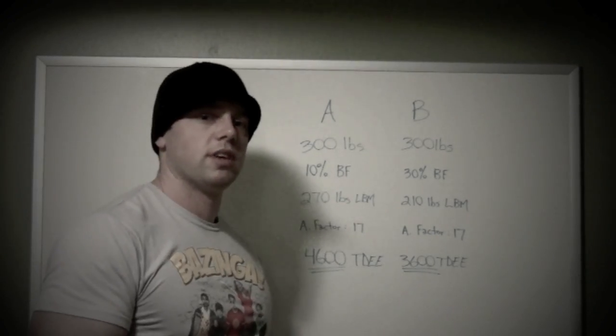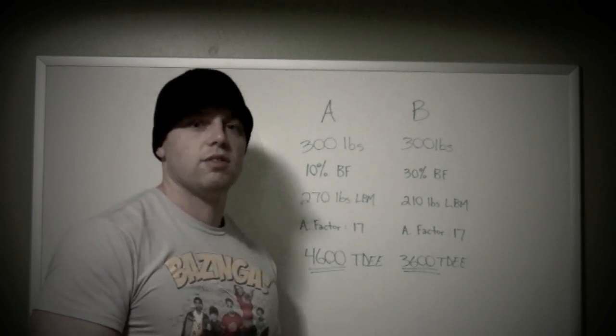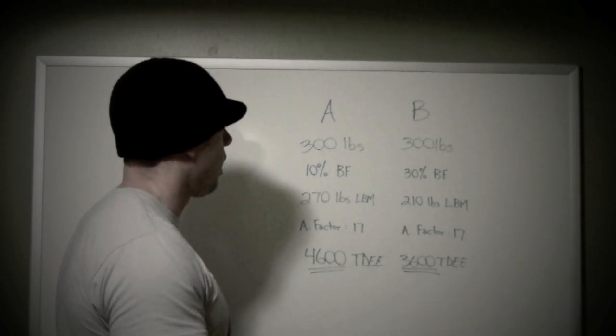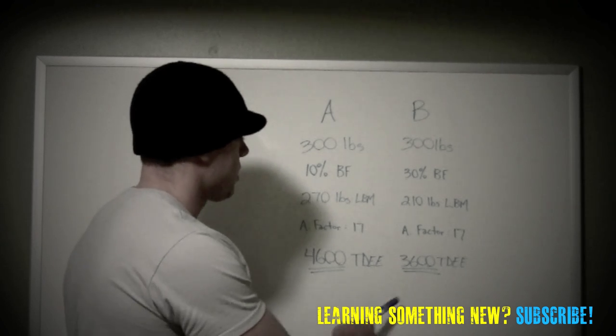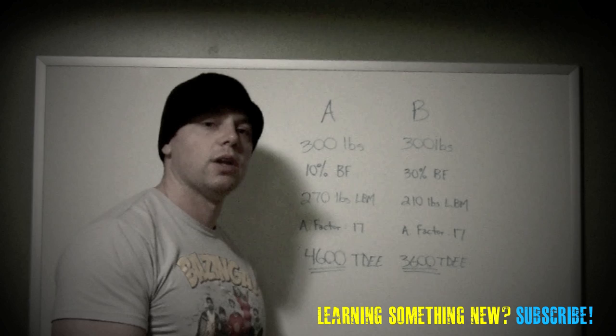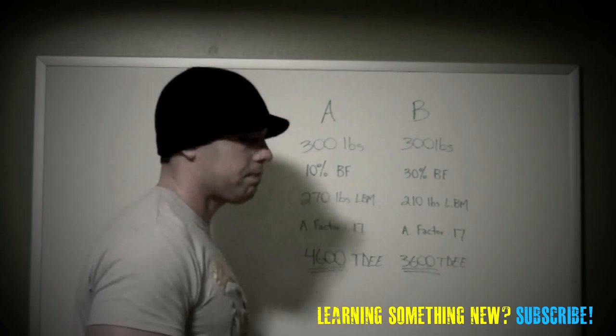So it actually becomes extremely clear right now that simply using body weight as your determinant for daily caloric need is wrong. We've come up with two different numbers varying by 1,000 calories for two different people that have the same body weight.